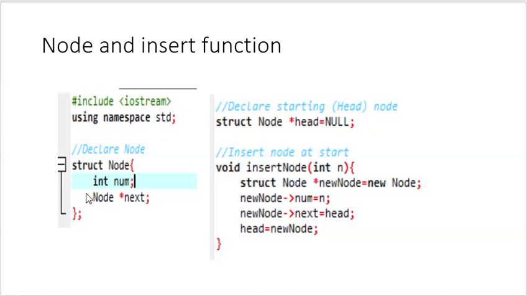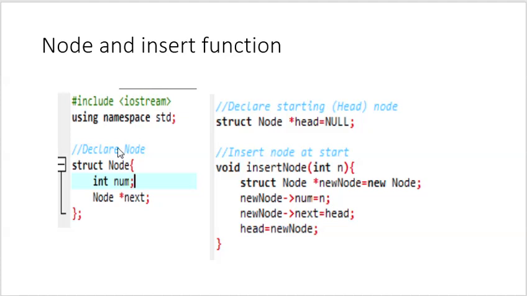So the first part will be a bit similar to before. In this code we are implementing a single linked list. I implemented code in the previous lab in which I first declared a node.